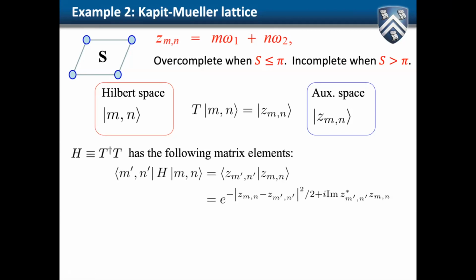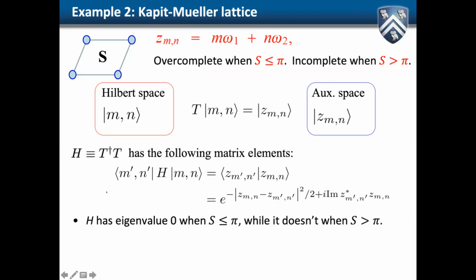My Hamiltonian's matrix element is just the inner product of coherent states. And so the Hamiltonian will have eigenvalue 0 if S is less than or equal to pi. Otherwise, if S is larger than pi, then all eigenvalues are positive.